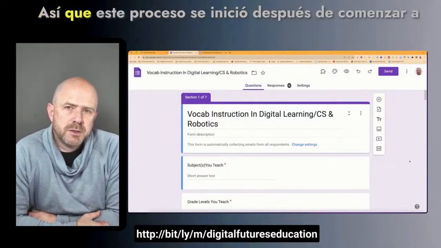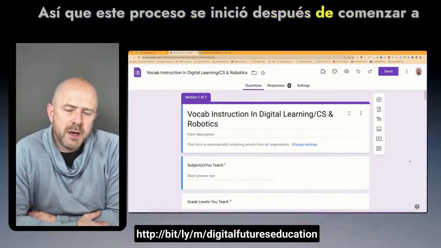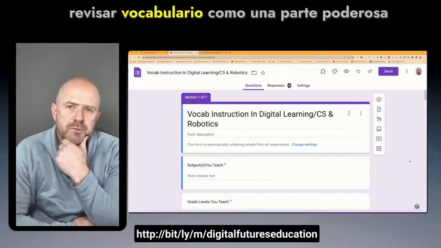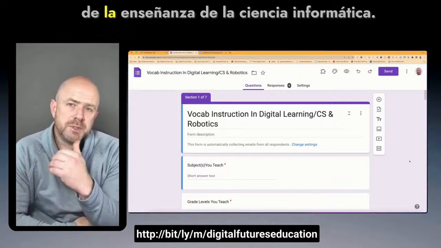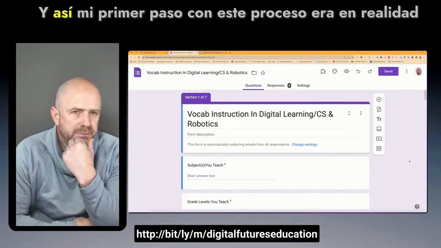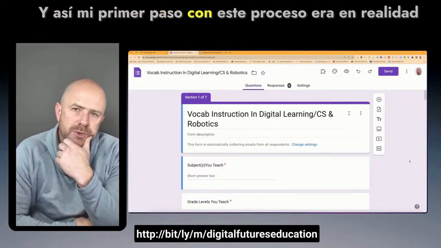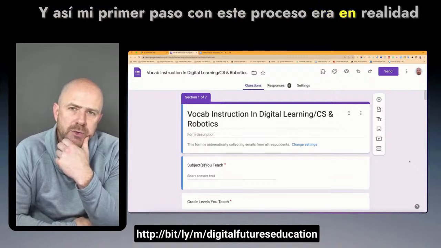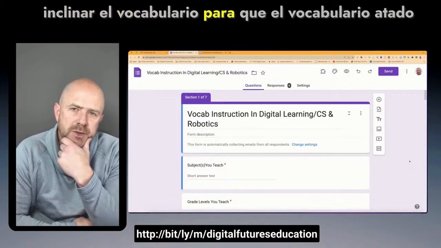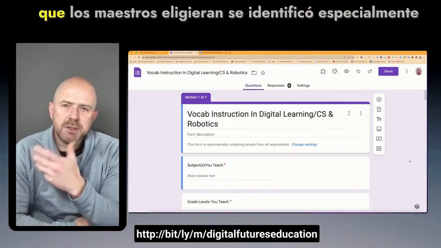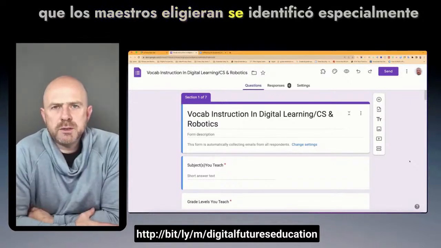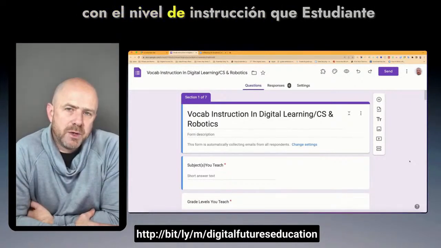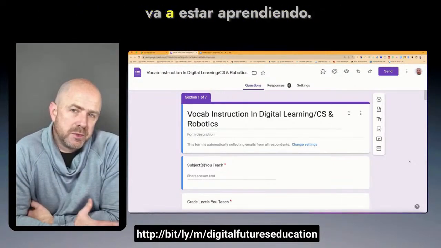So this process was begun after we had initiated reviewing vocabulary as a powerful part of teaching computer science. My first step with this process was to tier the vocabulary so that the tiered vocabulary the teachers chose to use was identified with the instructional level the student is going to be learning at.